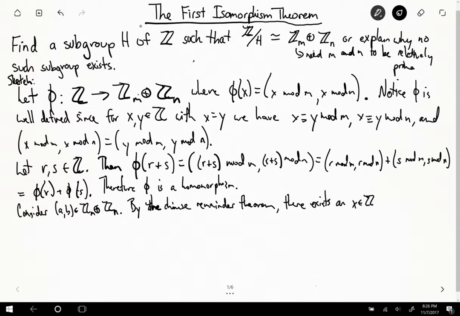In fact, you could even put it in Zmn, in that case, since they're relatively prime. But there exists an x in the integers such that x is congruent to A mod M, and x is congruent to B mod N.